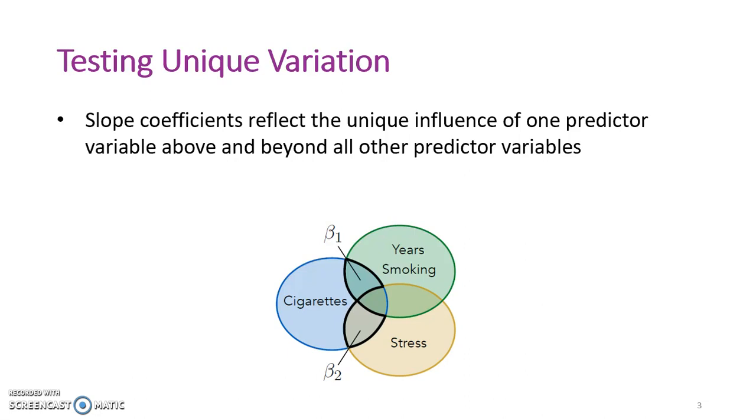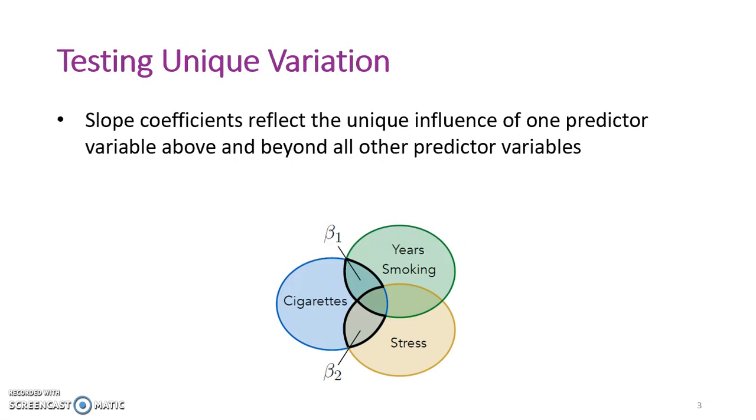So this is where the slope coefficients come in. Each slope coefficient reflects the unique influence of that predictor variable above and beyond all the other predictor variables. A way to think about this is if we think of variation in each variable as a circle and we create a Venn diagram with those circles.